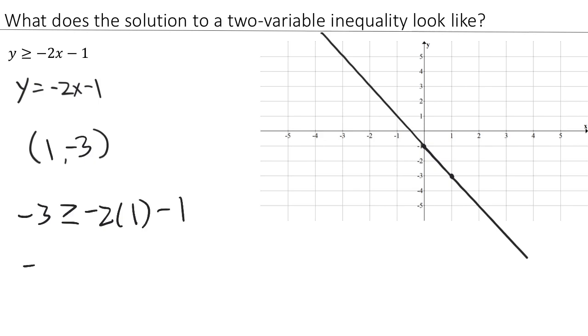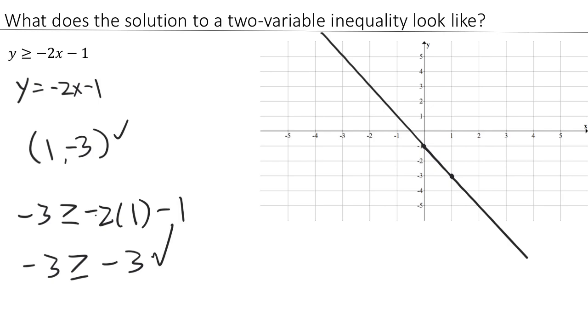Evaluating the right-hand side, we get negative 2 times 1 is negative 2, and negative 2 minus 1 is negative 3. Negative 3 is greater than or equal to negative 3. That's true. So that tells us that this point is a solution to our inequality. So we know that points that are on the line are solutions to our inequality, but are there any other points out there that work?